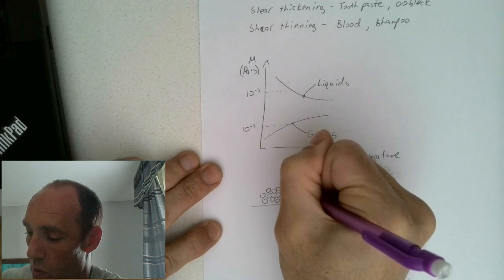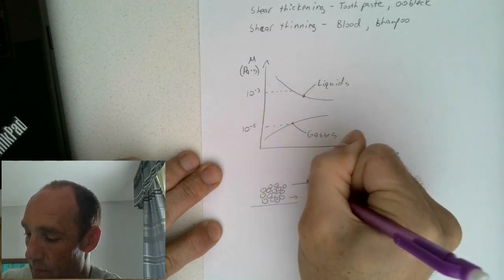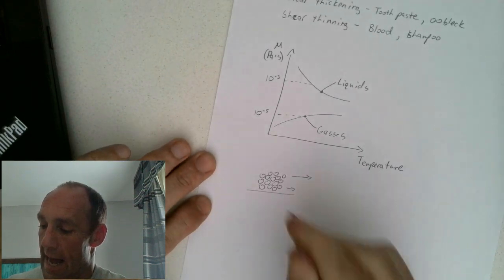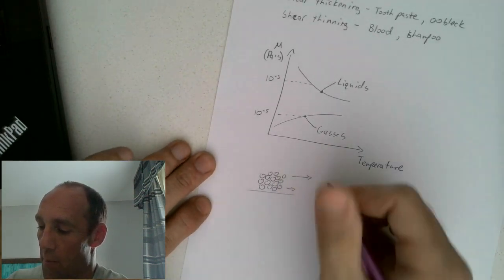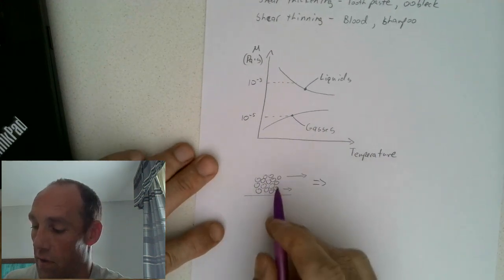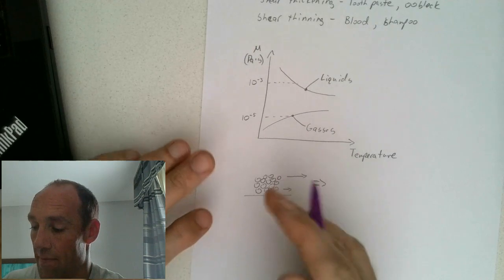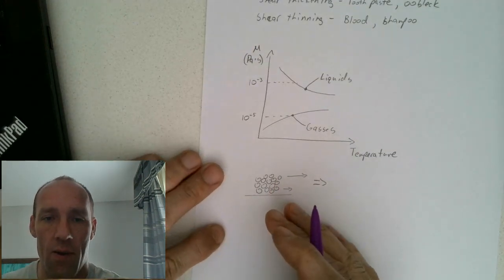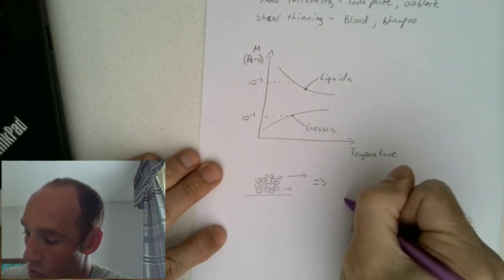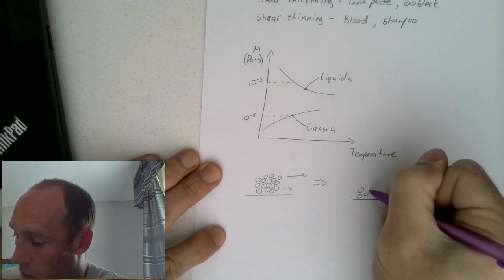However, the molecules far away from the surface are moving much faster. And at lower temperatures, they're in close contact with each other, right? And so their motion is somewhat inhibited. At higher temperatures, they're able to spread out a little more.